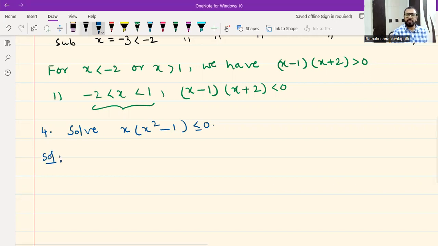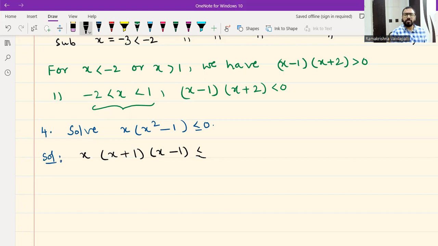Without using the wavy curve method, we can find the intervals of x for which this expression is less than or equal to 0. So just rewrite the given expression as x into x plus 1 into x minus 1 less than or equal to 0.